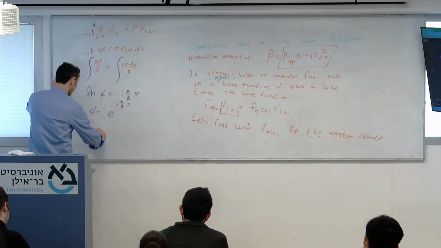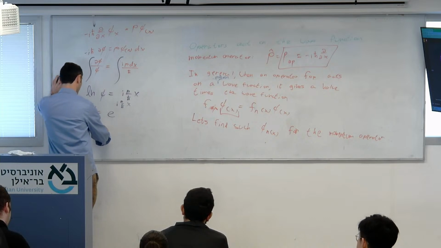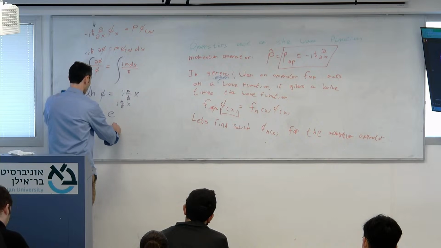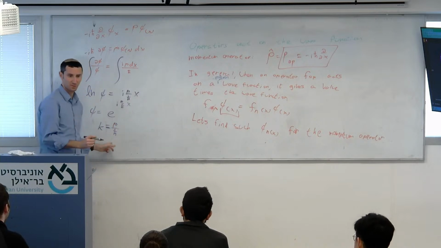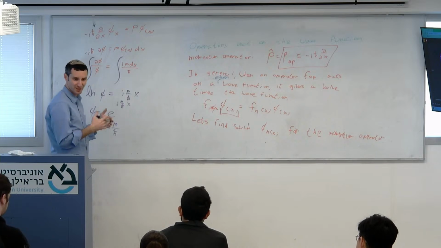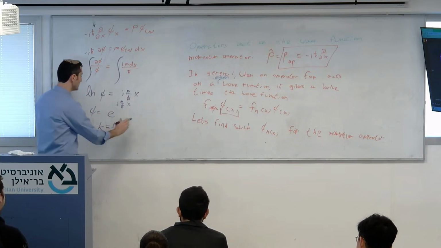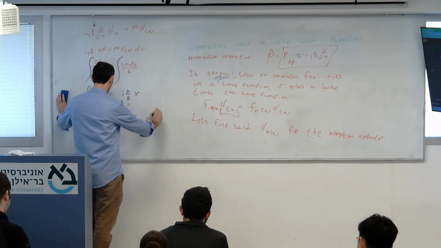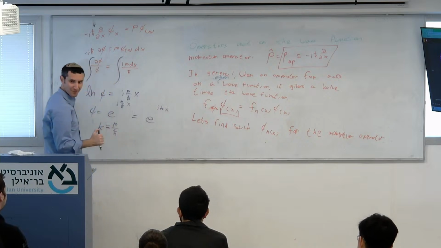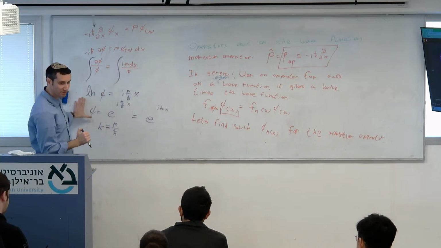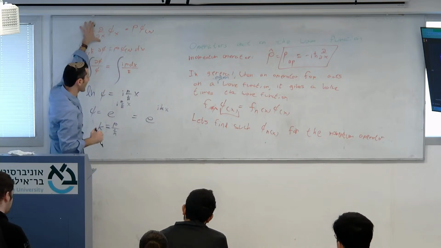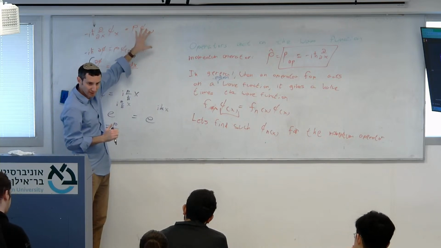Now I can define k as p over h bar, which is again something that you might know from other courses, modern physics and stuff like that. So phi would be e to the i k x. So I'm happy. I found a function that if the operator p acts on it, it's just going to give me the momentum.